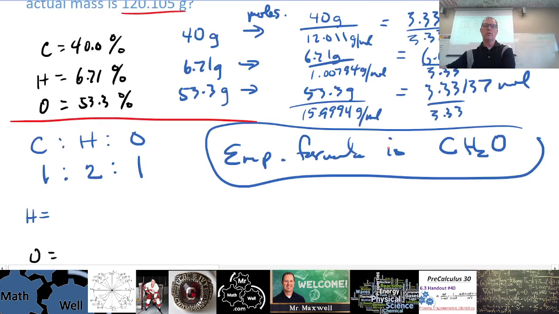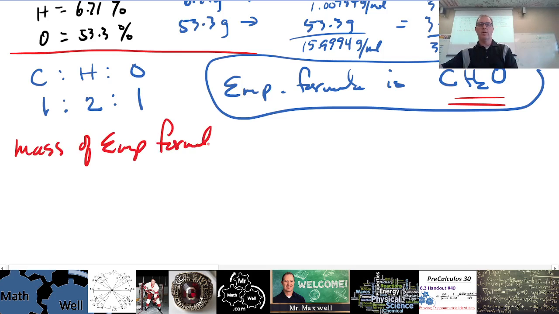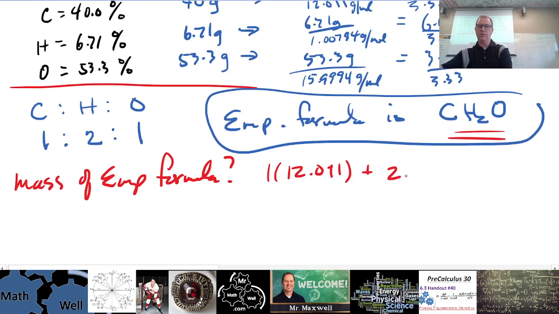So what we want to do is find the mass of this empirical formula. So mass of empirical formula is what? Well, that's going to be pretty easy. That's going to be 1 times the mass of carbon, plus 2 times the mass of hydrogen, plus 1 times the mass of oxygen.